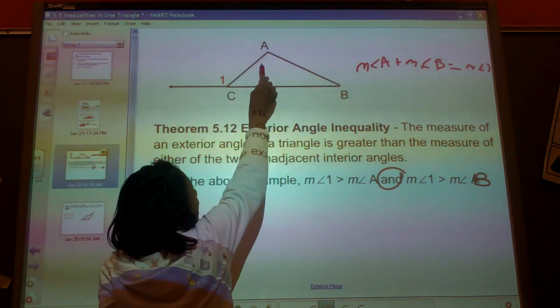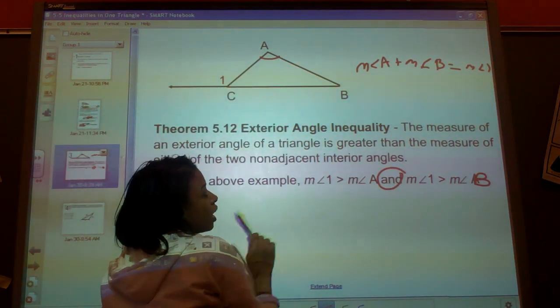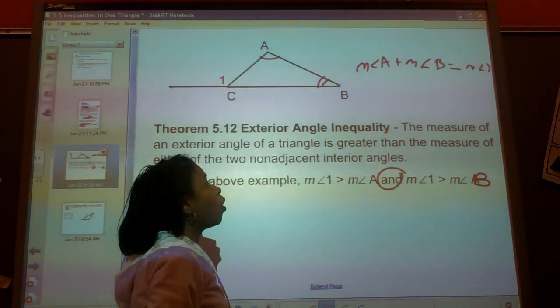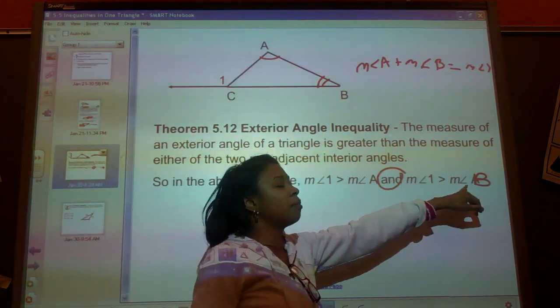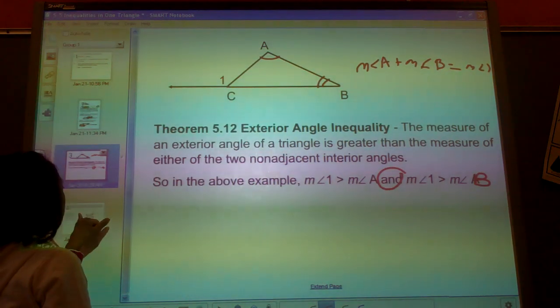Therefore, if I look at angle A by itself, the measure of angle 1 is going to be greater than angle A. And if I look at angle B by itself compared to angle 1, angle 1 is still greater than the measure of angle B. And that's theorem 5.12.